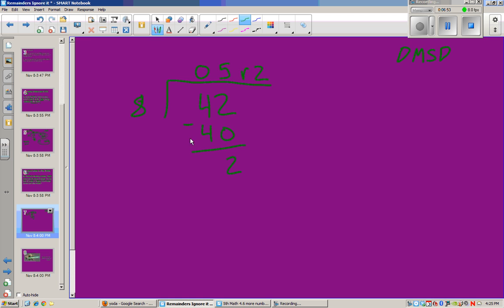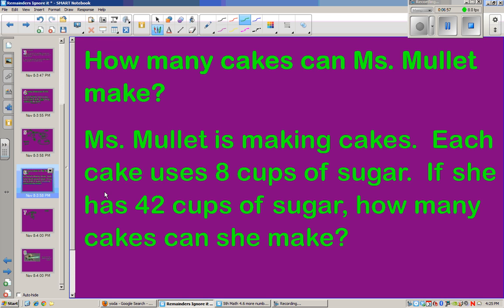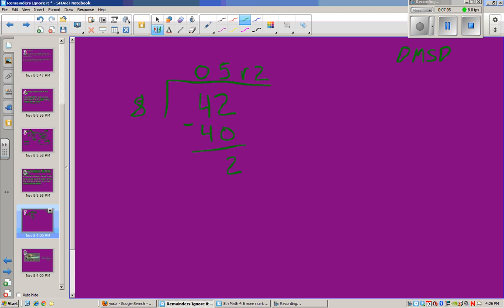Now I got to ask myself, what is the 5? What's the 2? Glance back at the problem. The question was, how many cakes can Miss Mullet make? So my quotient up here, 5, is cakes she can make. She can make 5 cakes.